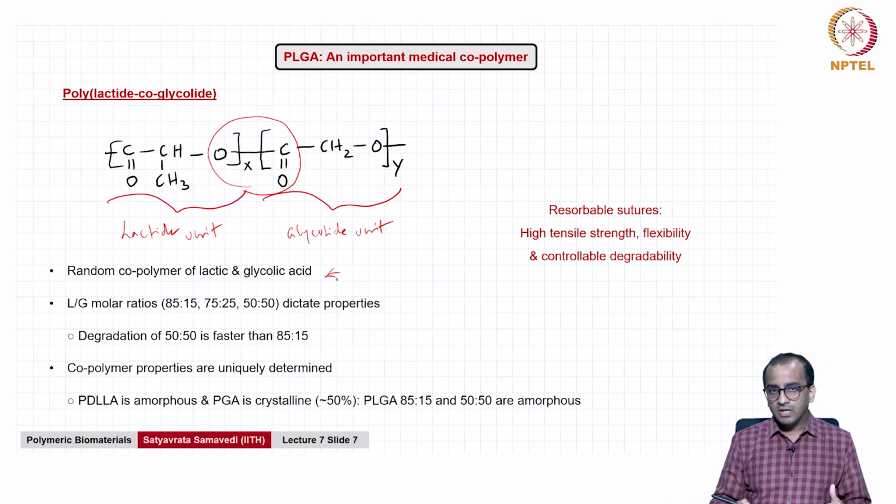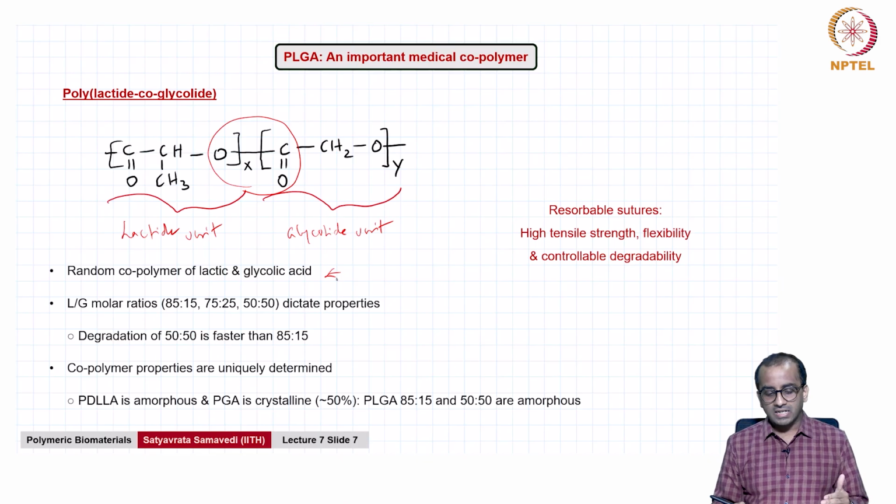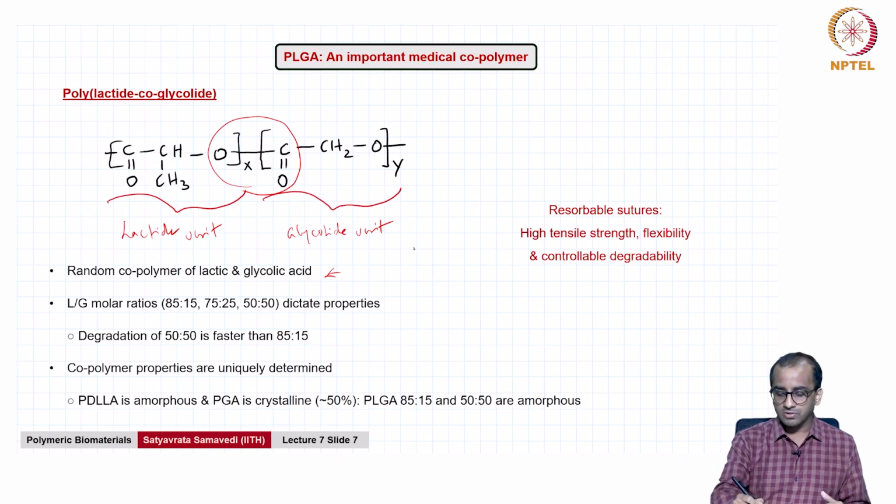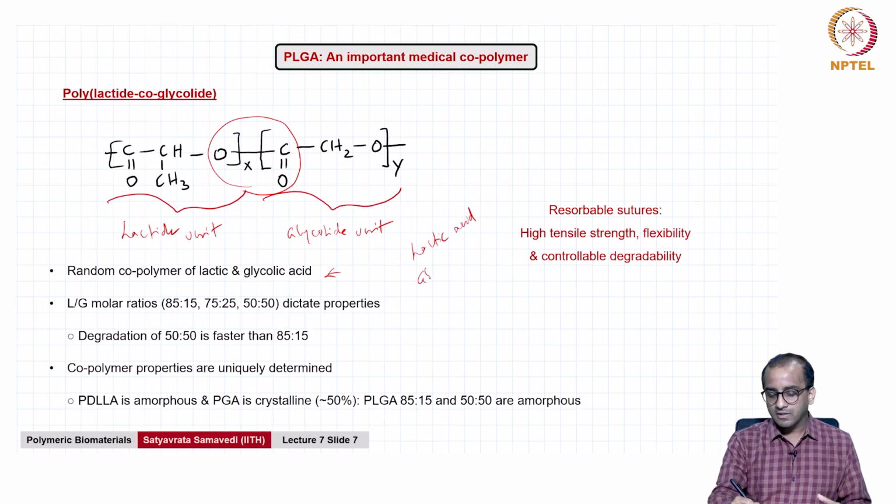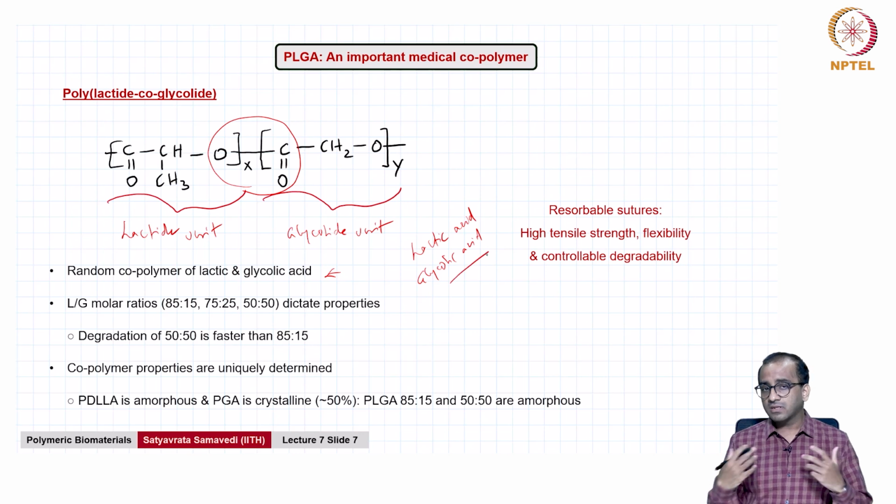Like we saw, it is a random copolymer of the lactide and the glycolide acids. Interestingly, both lactic acid and glycolic acid are naturally present in the body as part of different metabolic pathways.